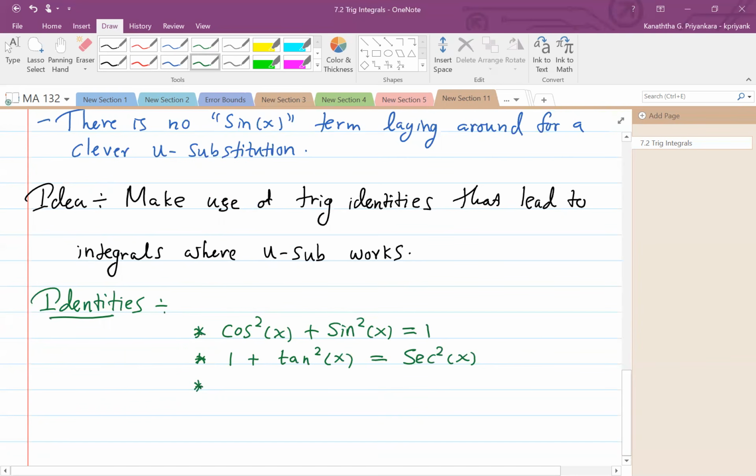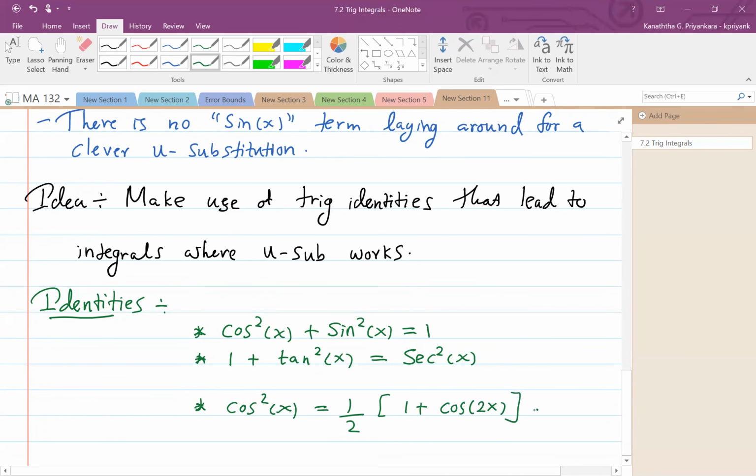And third identity: we can write the given cosine squared x using a cosine 2x term, as 1/2 times 1 plus cosine 2x.